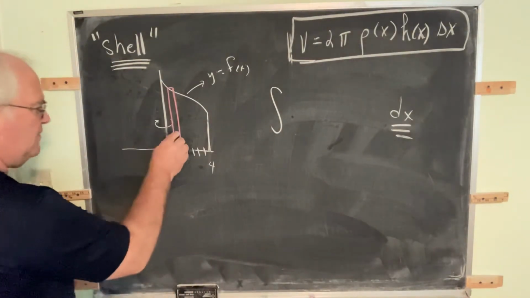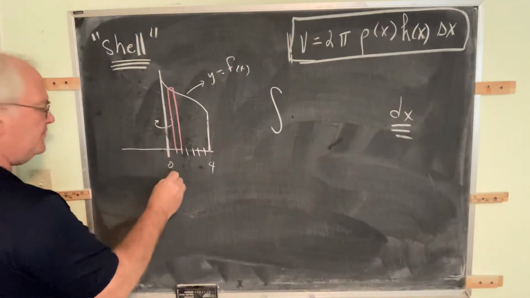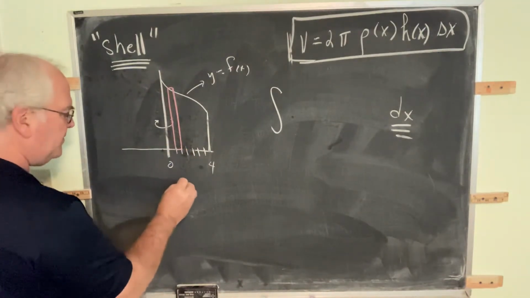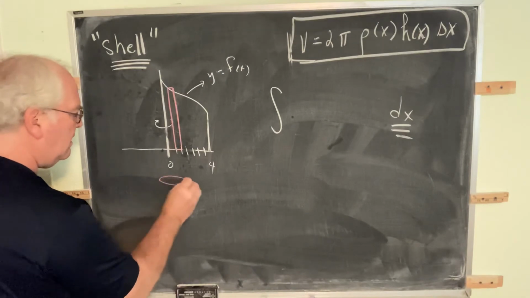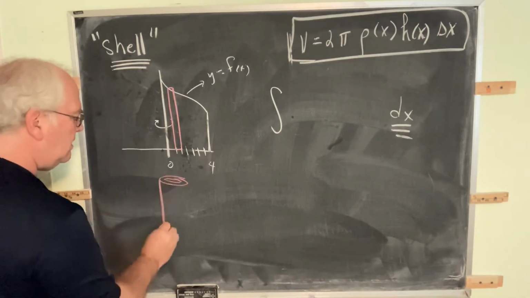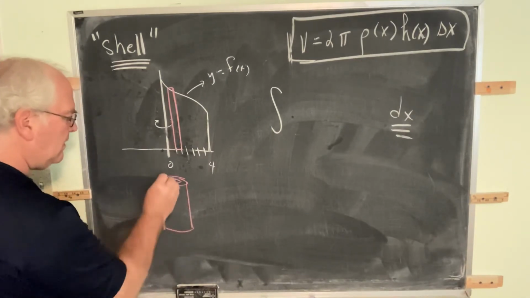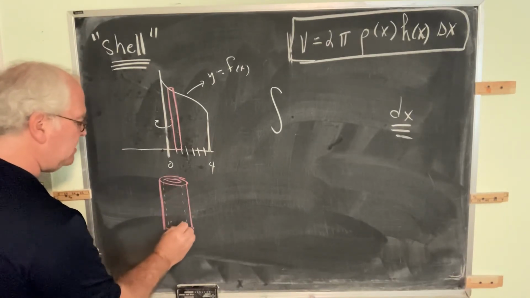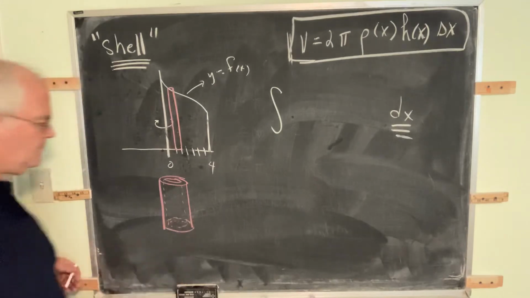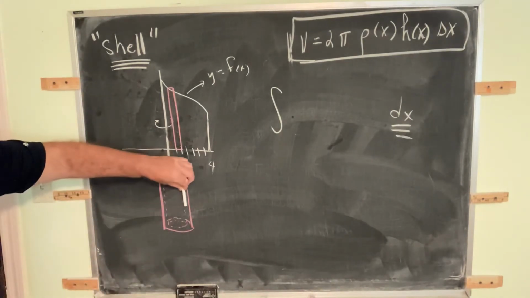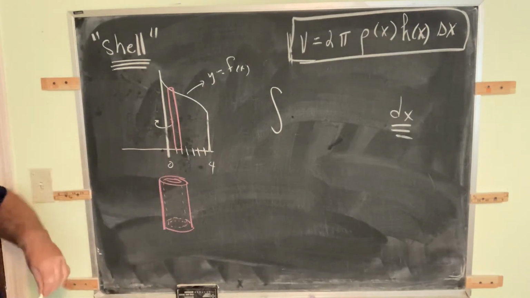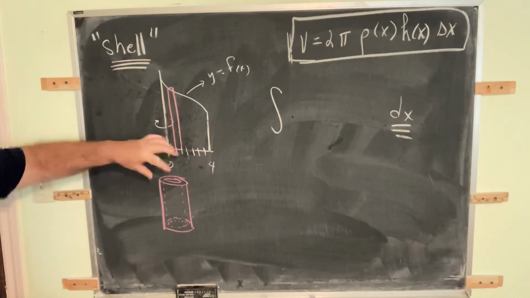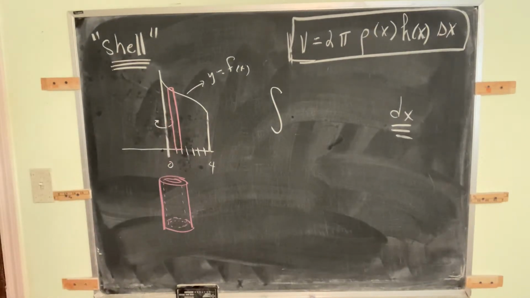If you rotate this about the axis, you will generate a hollowed out piece of pipe. This piece will rotate and nothing inside here will get swept out. You will generate one of these pieces of piping.